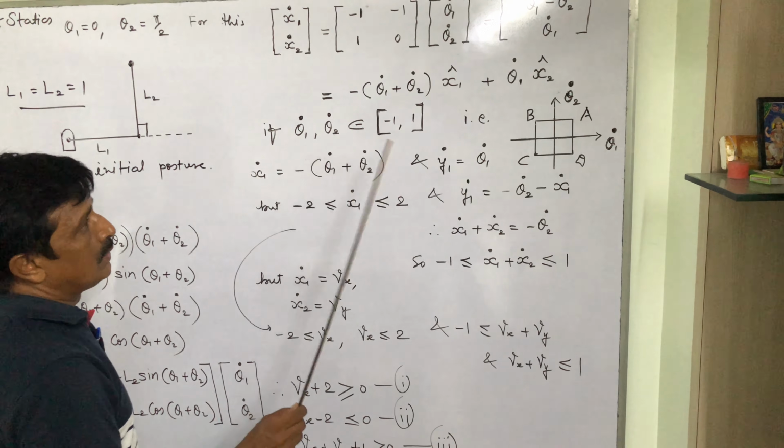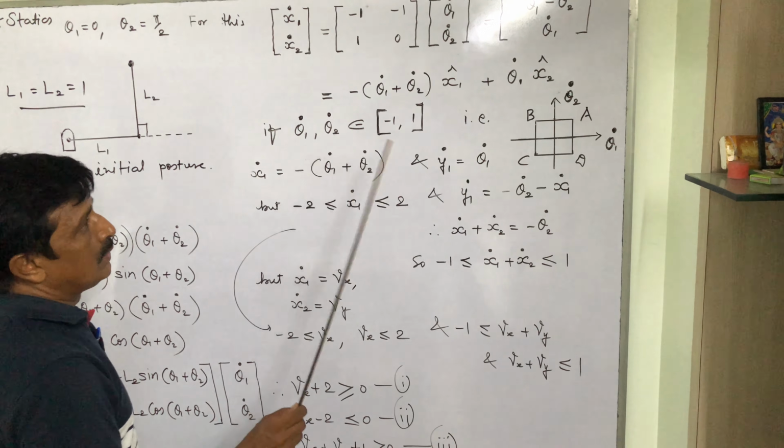As a whole, theta 2 dot is minus of vx plus vy in bracket, and theta 1 dot is vy. So eliminating theta 1 dot and theta 2 dot using the equation theta 1 dot square plus theta 2 dot square is 1, that is vy square plus this much square equals 1.